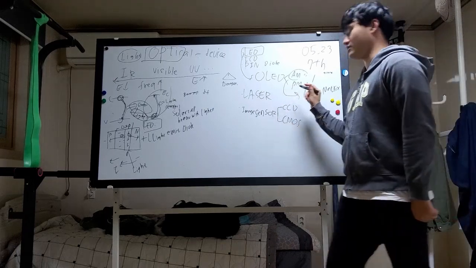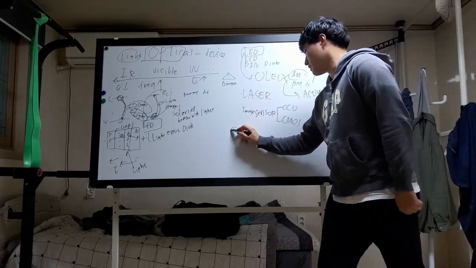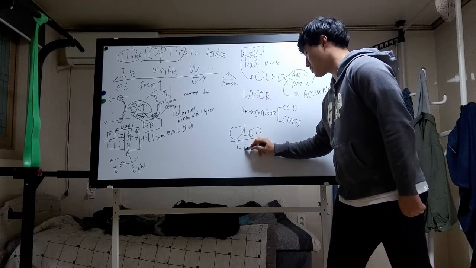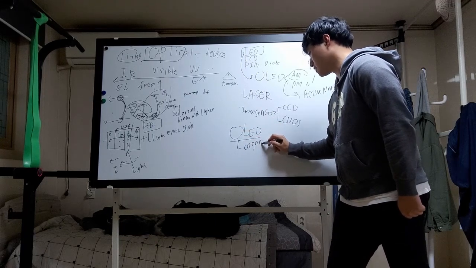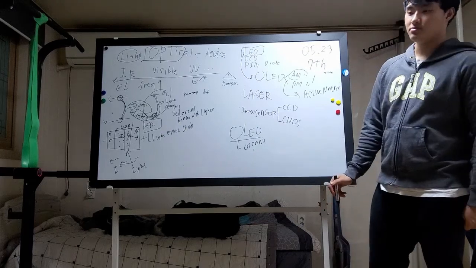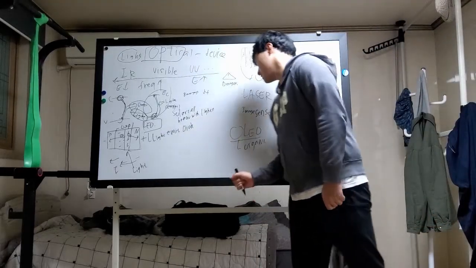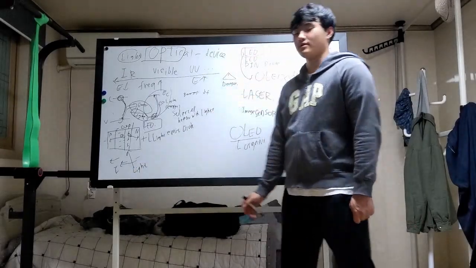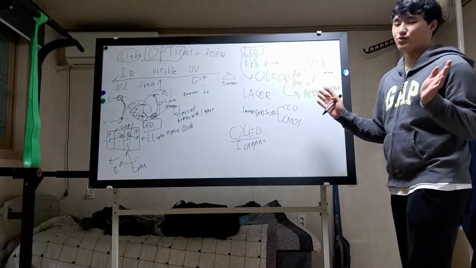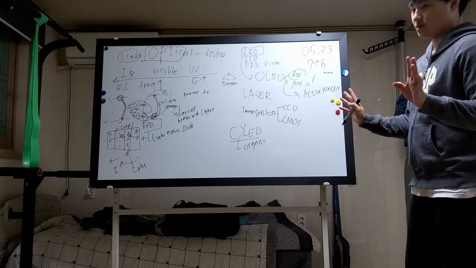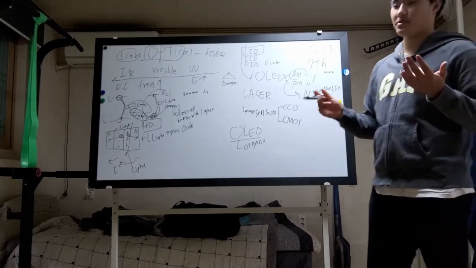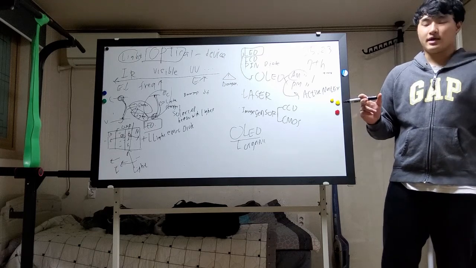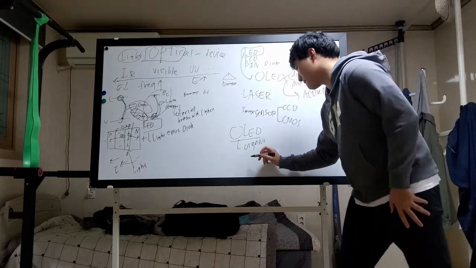Sorry, before starting this topic, let's see what OLED is. OLED means organic LED. Of course, this LED also uses a PN diode, but it is something more effective and efficient at converting energy to light.